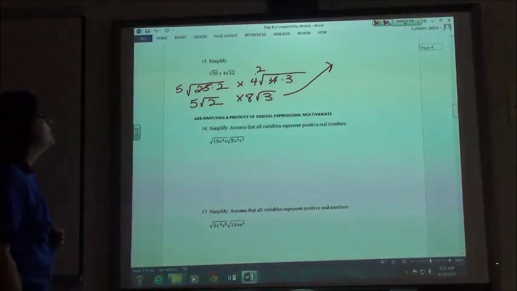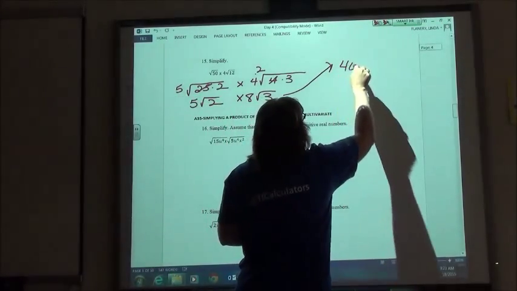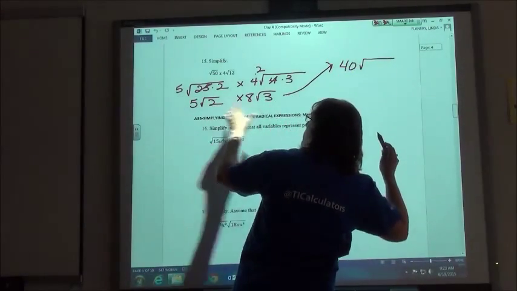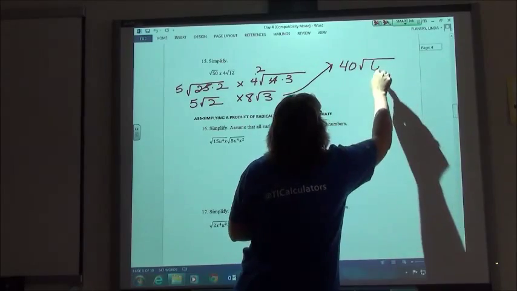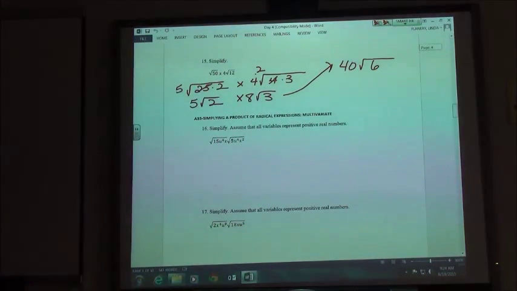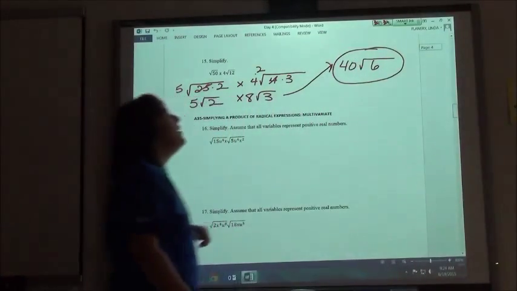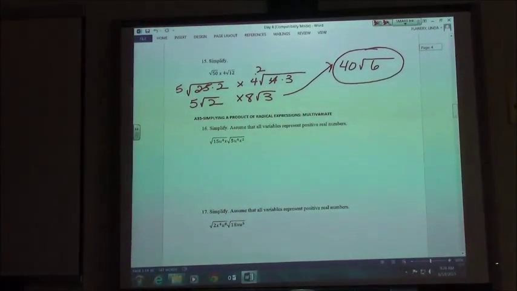When I multiply those together, 5 times 8 is 40. Square root of 2 times the square root of 3 would be square root of 6. Now if I look at that, 6 is not a perfect square. 6 doesn't have any factors that are perfect squares other than 1. And so I can't do anything with that one. I just leave it just like it is.